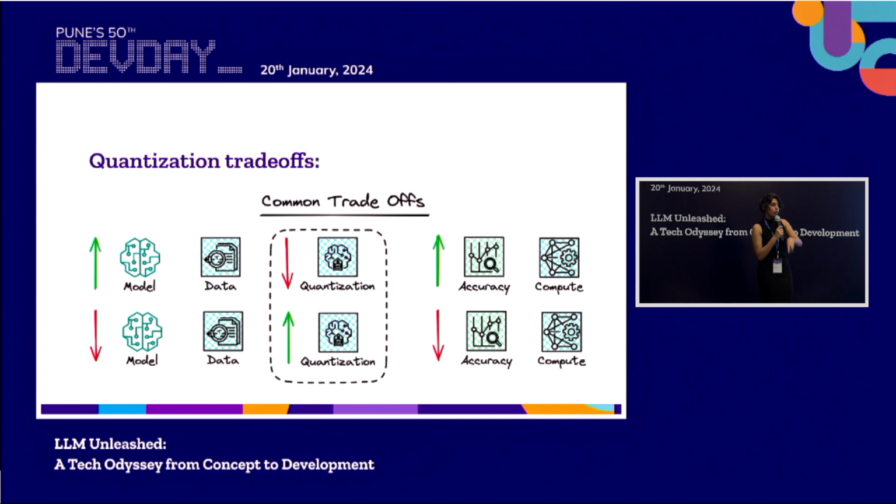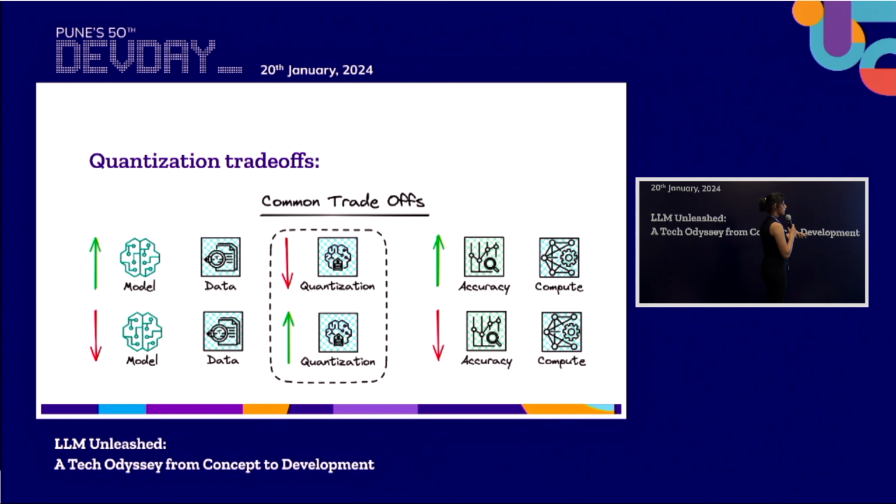If you further quantize it to 4-bit or 2-bit, that's more quantization. So if your quantization is less, meaning your bits are more, then your accuracy is better. But if your quantization is more, for example, from 16 you bring it to 4 or 2, then it is going to decrease your accuracy. But it is going to decrease your compute too.